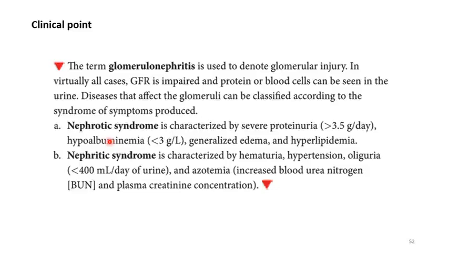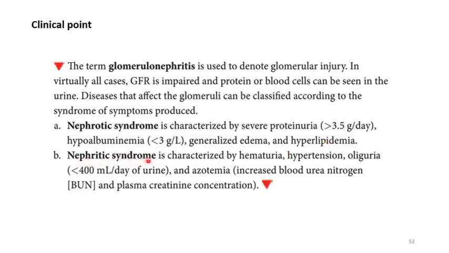Due to reduced proteins and reduced oncotic pressure at the glomerular capillary level and other capillary beds throughout the body, generalized edema will be experienced, and also higher urine formation and dehydration in some way. And to compensate for the reduced plasma protein levels, the lipid level in the plasma will be increased and the subject will experience hyperlipidemia.